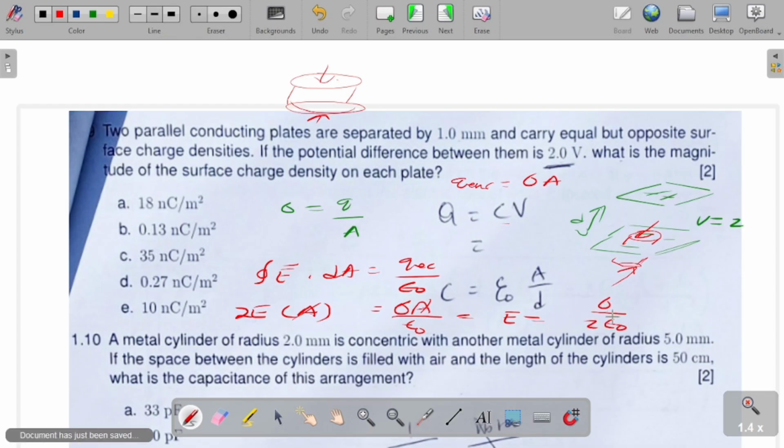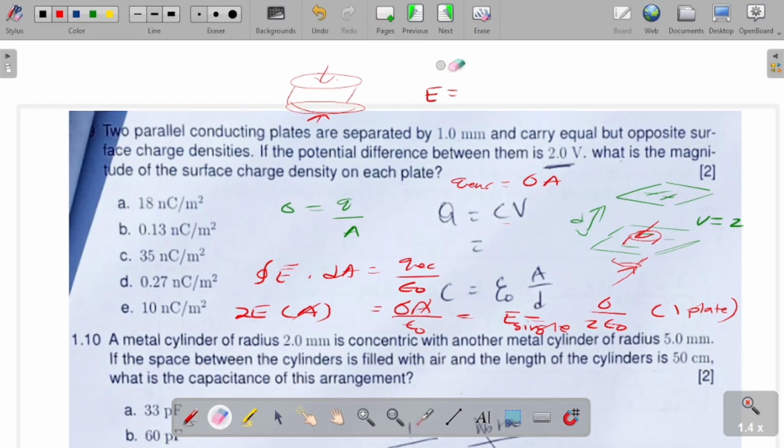And this is the electric field of a single plate. But here you have two plates, so you have to multiply it by 2 again. Or maybe think of it as adding, because you have two plates. So the formula you are going to use is the electric field.